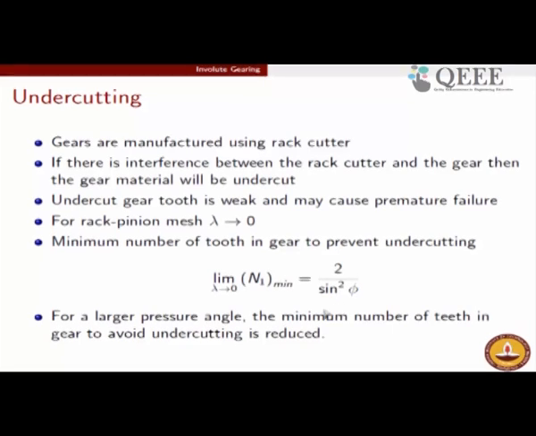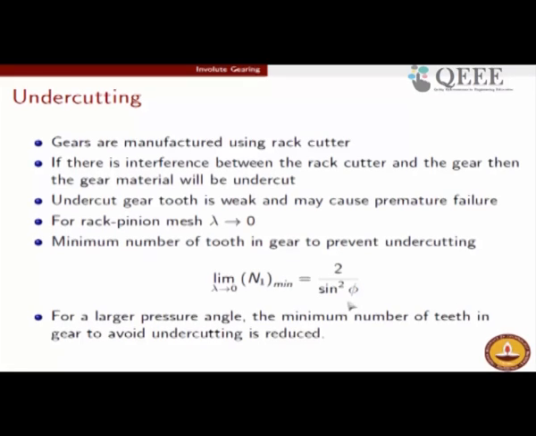Therefore, in this sense pressure angle is helpful in terms of interference or undercutting. If it is 18 with a 20 degree pressure angle, then if you work it out for, let us say, 25 degrees, this number will be lesser, could be 15 or 16. I have not calculated that, but you can do that.